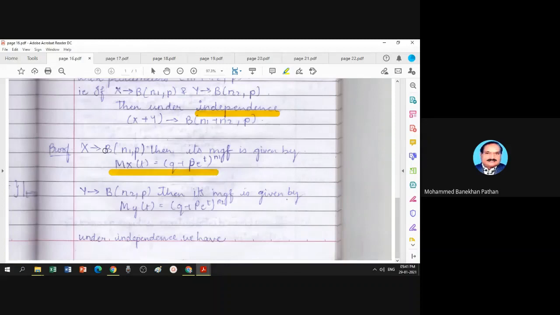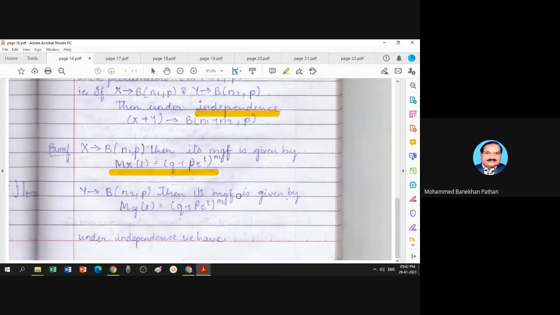X is a binomial with parameters n1 comma p. Then its MGF is given by Mx(t) equals (q plus p e to the power t) whole bracket raised to n1. Y is another random variable that follows binomial with n2 comma p.